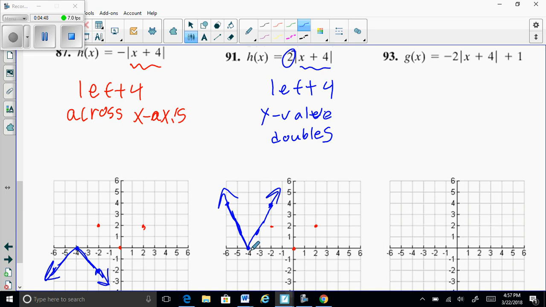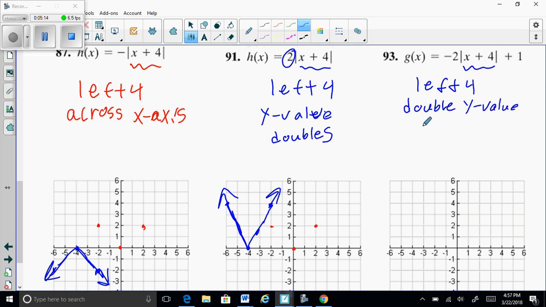All right. Last one of this type, and we've got all 4 transformations taking place here. So horizontal goes first. So left 4, then any stretching. So then we're going to double the y value, okay?